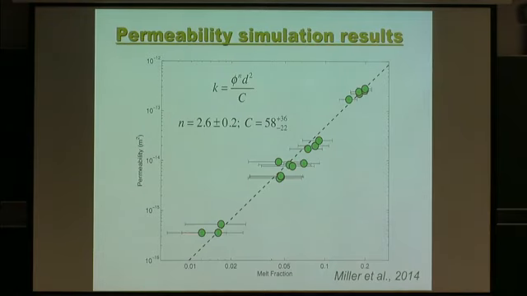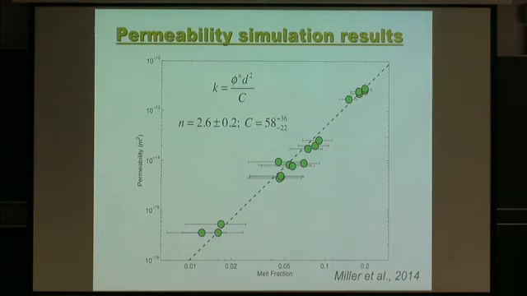But you can see that even with the uncertainty, you can essentially fit a nice power law in this log-log scale. It's a linear relationship, and that's what Dave referred to very graciously. That's n equal to 2.6.